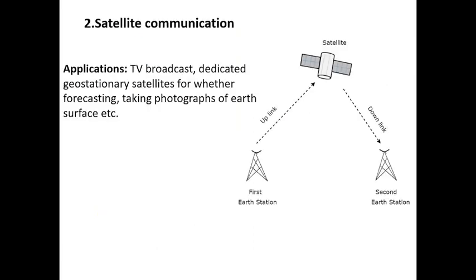Now satellite communication. Here the antenna is on the Earth's surface, and by following line of sight propagation, we have a satellite. The space waves are propagated from this antenna directly to the satellite, and the satellite has both a transmitter and a receiver; we can say it is a repeater.